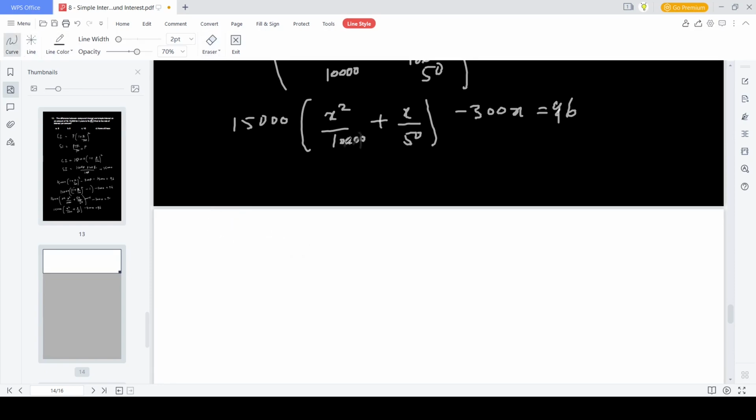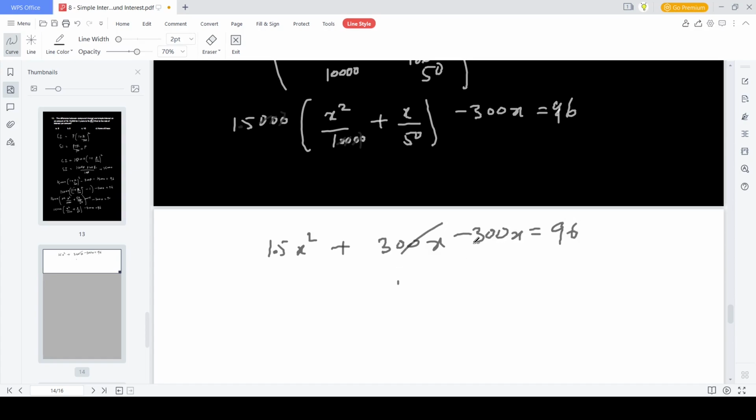So I will get 1.5 x square plus 300x minus 300x is equal to 96.